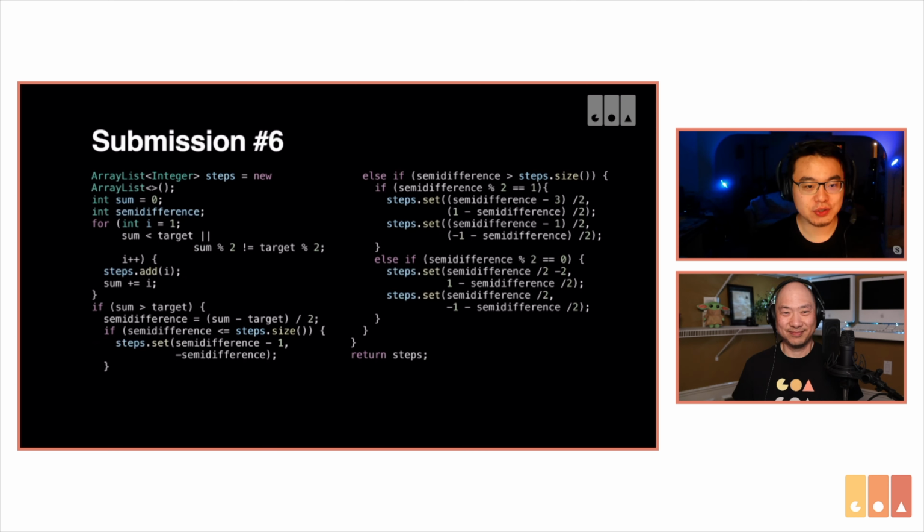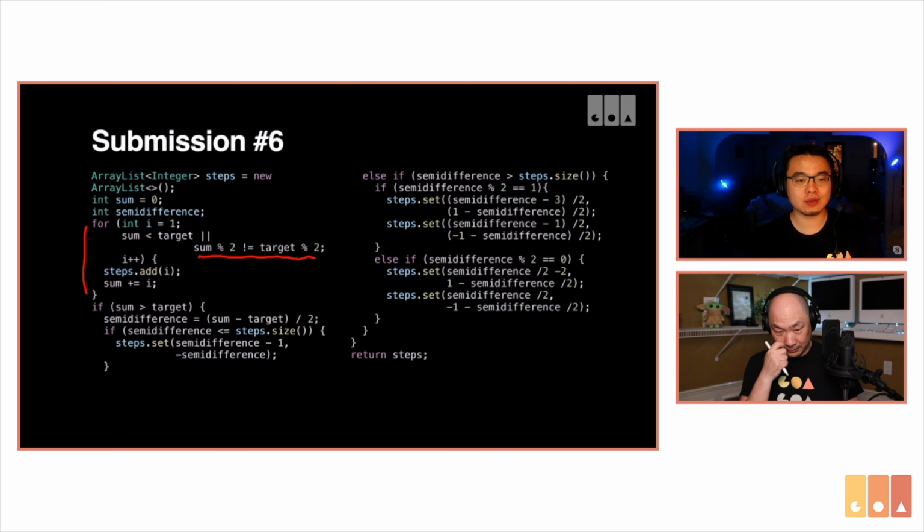Let's dive into it. For the first if condition, we're checking that the sum is less than the target, and that the sum is an even number and the target is also an even number.